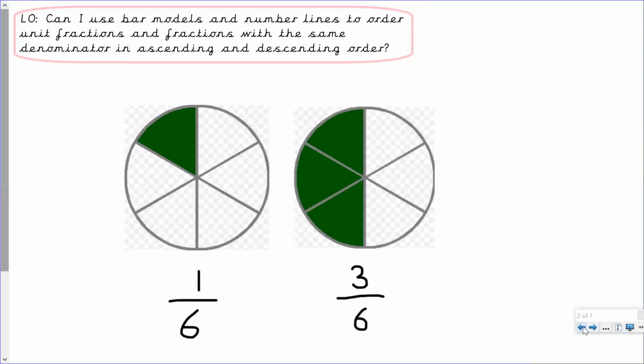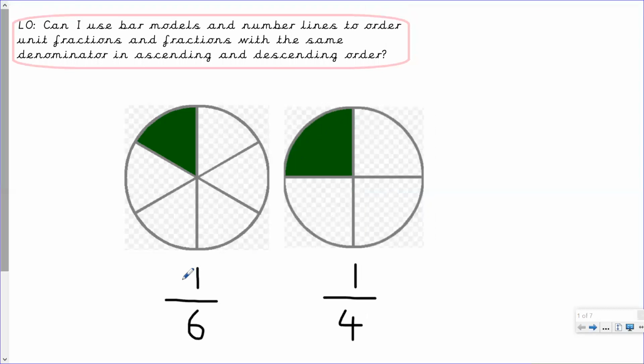Okay, so let's go back for a second. A rule that we can come up with is that if the denominators of two fractions are the same, the larger the numerator, the larger the fraction. If the numerators of a fraction are the same, the larger the denominator, the smaller the fraction.